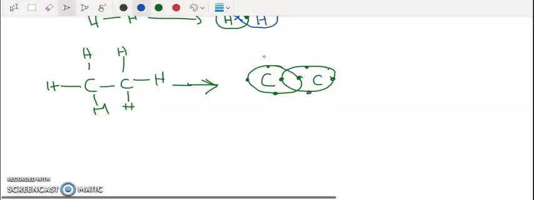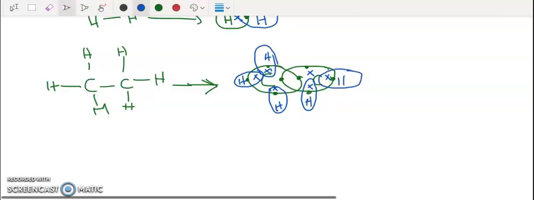And now the hydrogens are going to come. So we've got 1 electron here, 1 electron here, 1 electron here. And so it's going to form 1 hydrogen, another hydrogen, another hydrogen, 1 here, here, and finally 1 here. So this is how it breaks up.